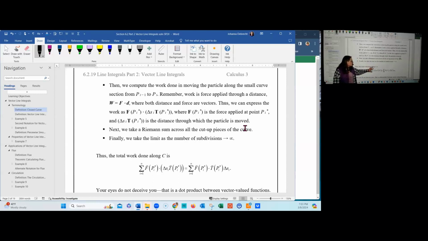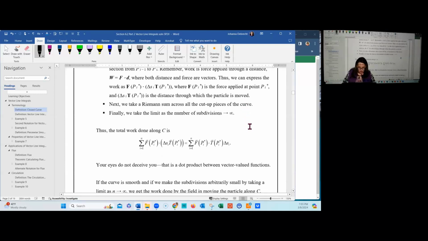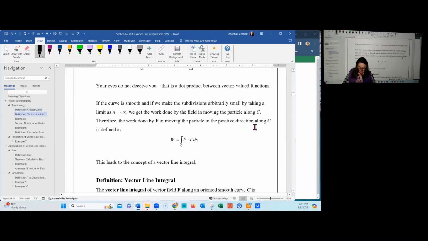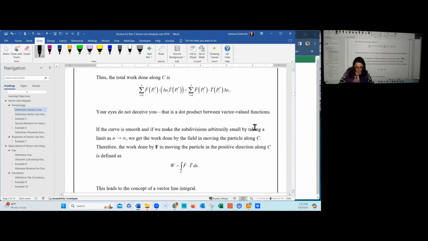The total work done along the curve can be approximated then by the Riemann sum of the vector field F evaluated at P sub I star in each subsection of the curve, dot product with delta S sub I times the unit tangent vector at P sub I star. If we do this for all of them and then take the limit, we will be able to find the actual value of the work done.